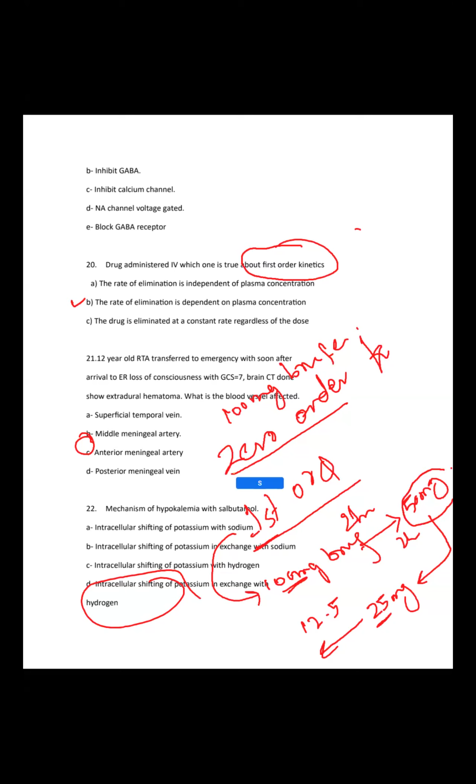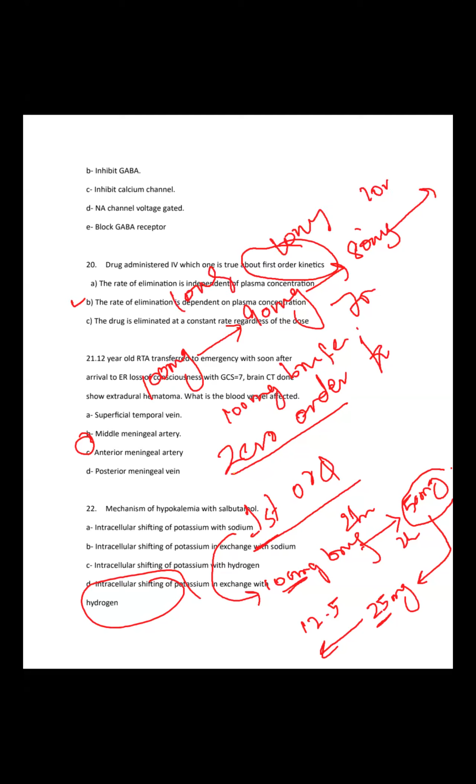What happens in zero order kinetics? If you start with 100 mg, let's assume that after 2 hours, 90 mg of drug would be left. Then after 2 hours, 80 mg would be left. Then after 2 hours, 70. The same amount, 10 mg, is removed every time. That does not depend upon your plasma concentration.